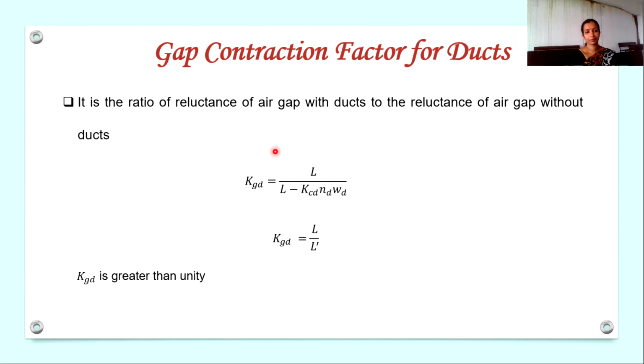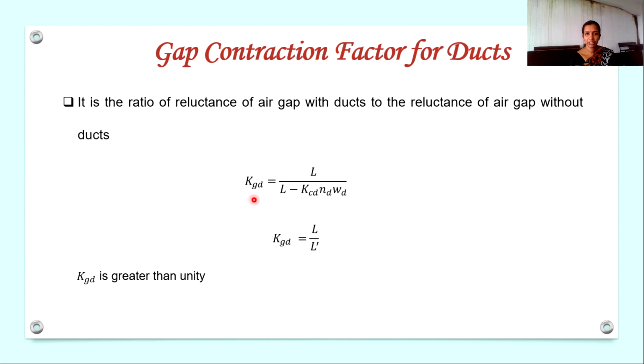Here the axial length of the machine has changed, reduced to L dash. So in place of L we have to substitute L dash.